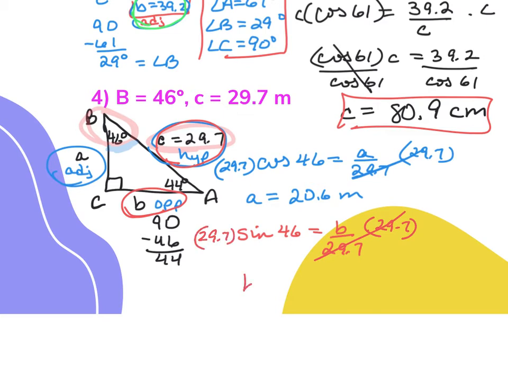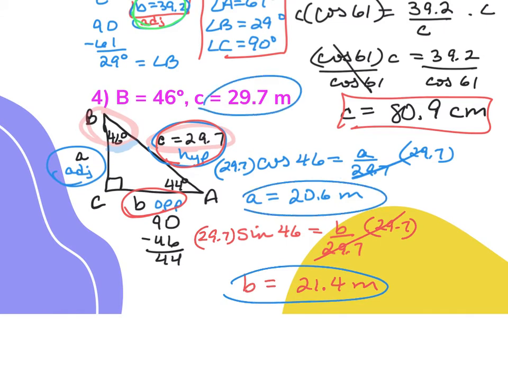And now I'll multiply both of those. And b is equal to 21.4. I've now found all three sides and all three angles. So the 90-degree angle for C, the given angle for B, and then the calculated angle for A of 44 degrees.